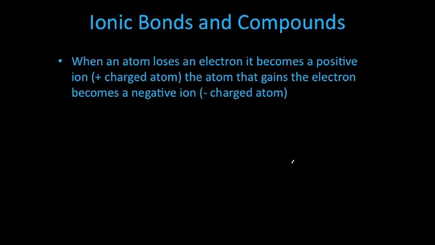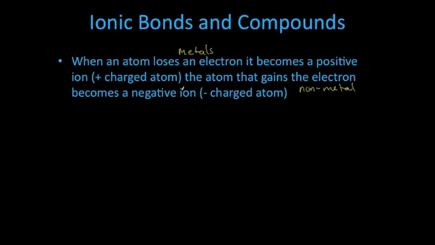Ionic bonds and compounds. When an atom loses an electron, it becomes a positive ion. The atom that gains the electron becomes the negative ion. So atoms that lose electrons are metals, and atoms that gain electrons are nonmetals.